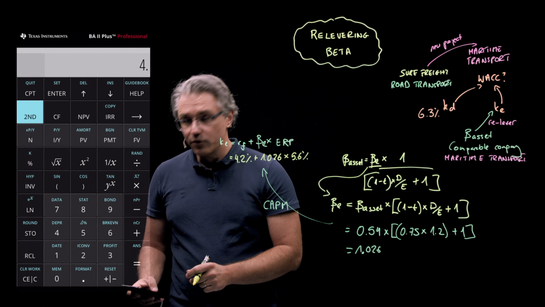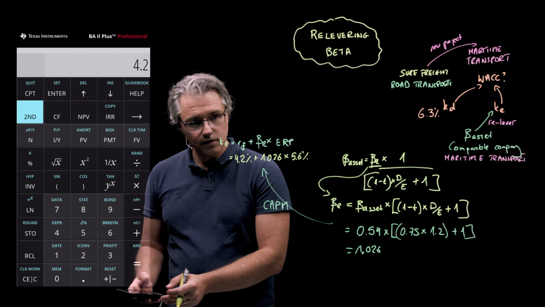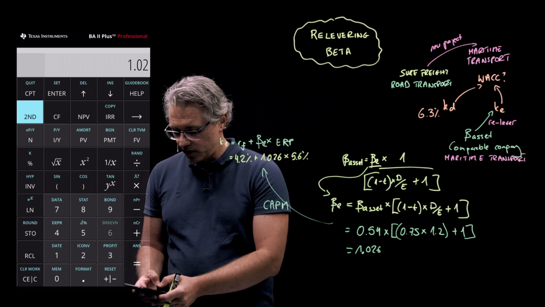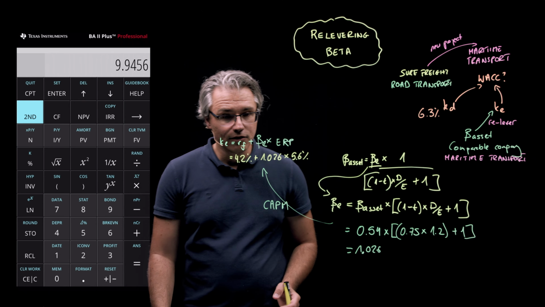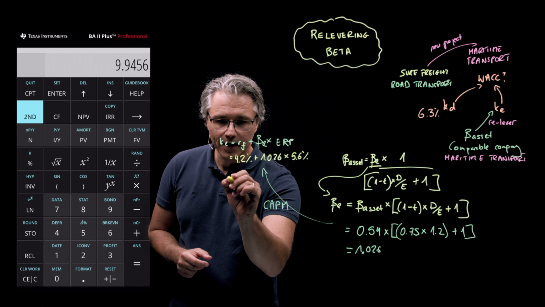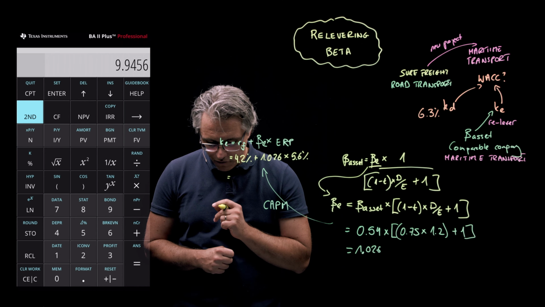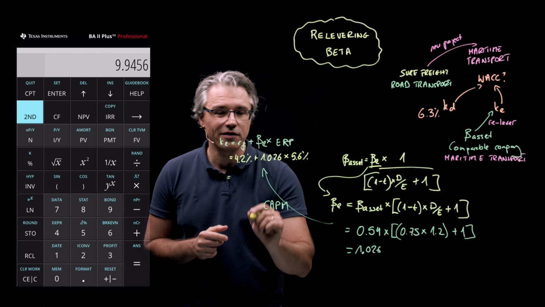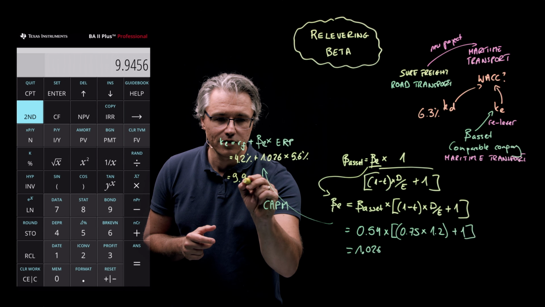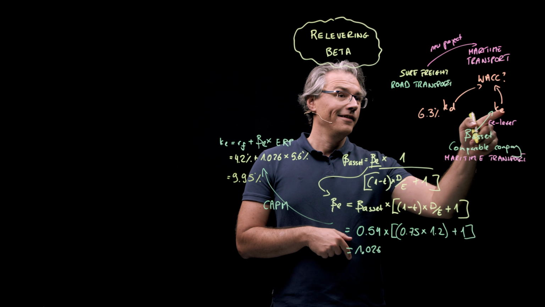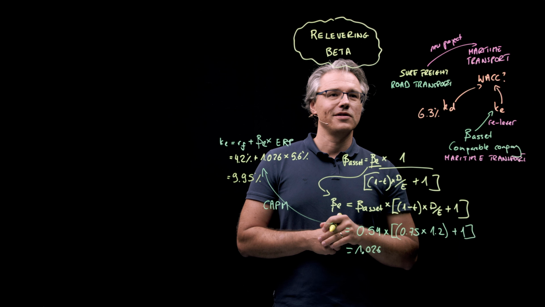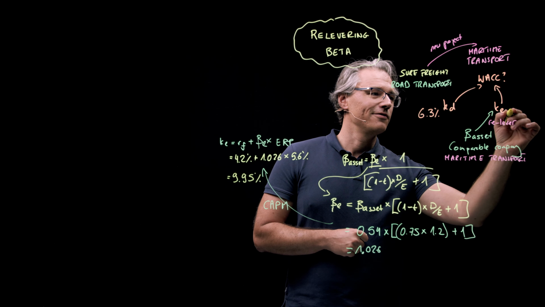Okay, let's see what our calculator gives as the answer. So I've got 4.2 plus 1.026 times 5.6, and this gives me a cost of equity under the capital asset pricing model of 9.95 roughly. So this is 9.95%, and we now know what to use as our cost of equity.